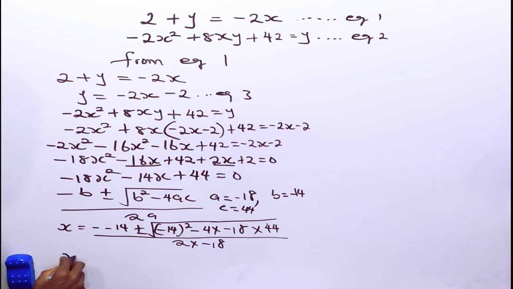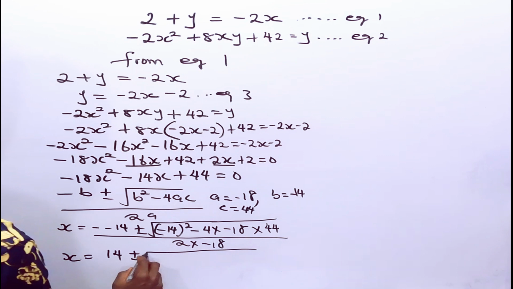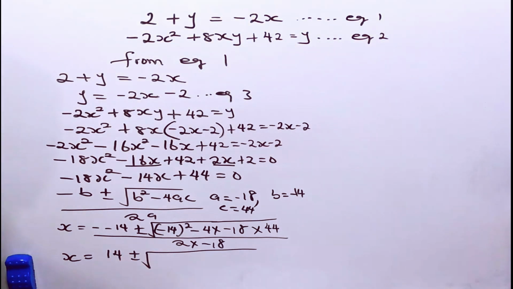So that x will be positive 14 plus or minus root, negative 14 squared is 196.